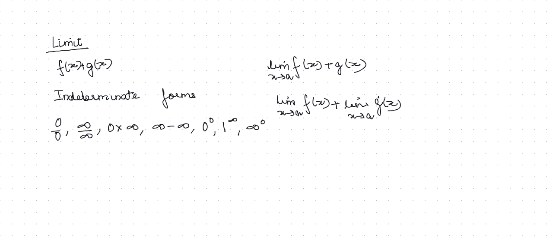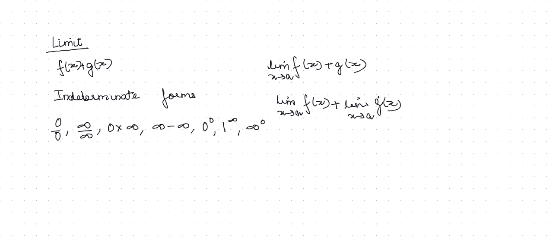Now we use another limit law to solve this problem. We know that the limit as x tends to a of f(x) raised to power 1 by n can be solved by first finding the limit of f(x) as x tends to a, and then finding the nth root.